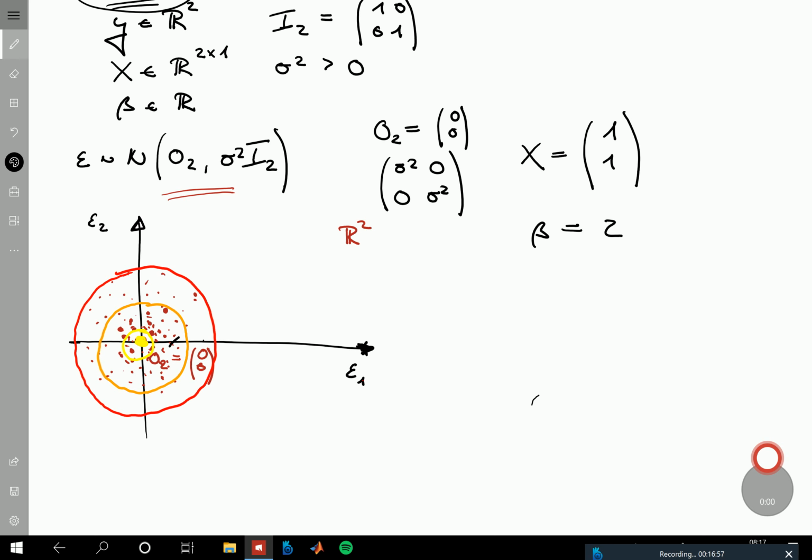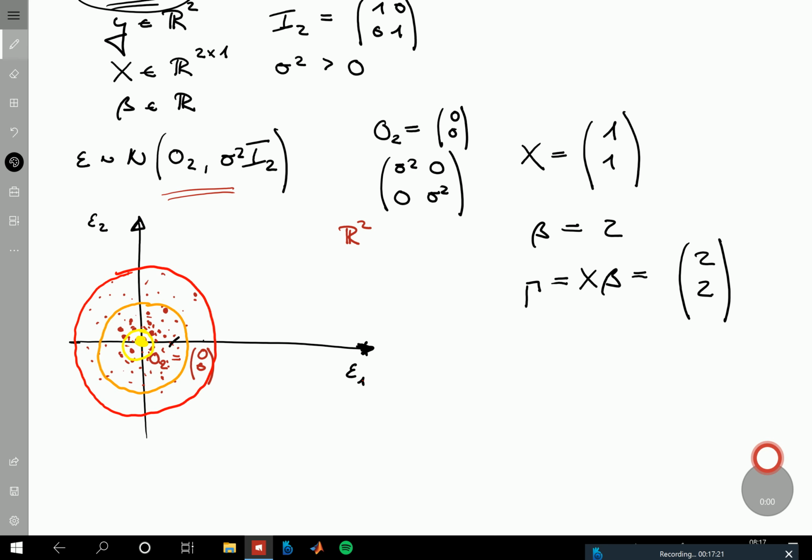So if we form the product of the design matrix and the beta parameter, what do we get? Exactly, so we get 2, 2.